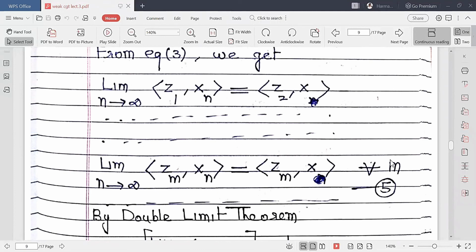In general, it holds for every m, where m runs from 1 to infinity. So that is equation number 5.